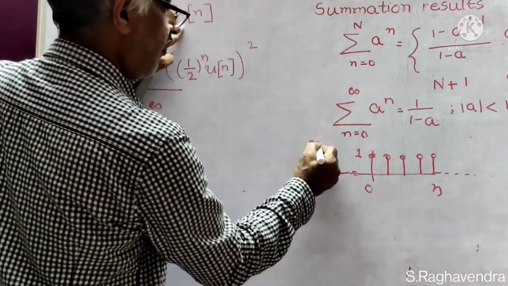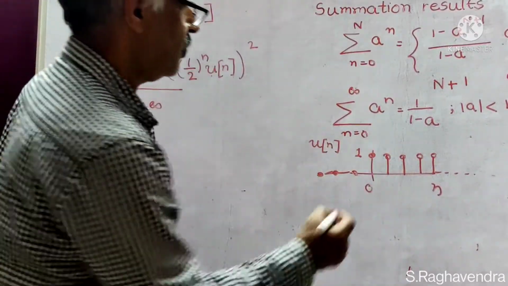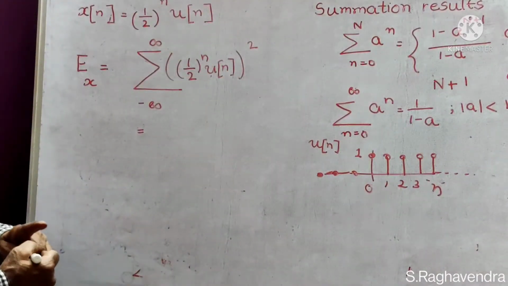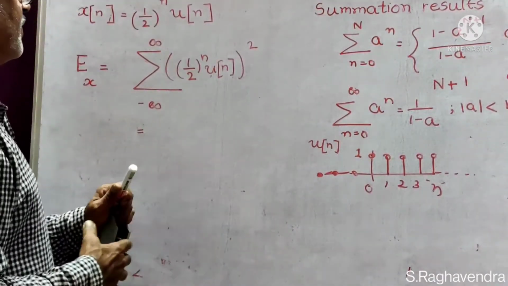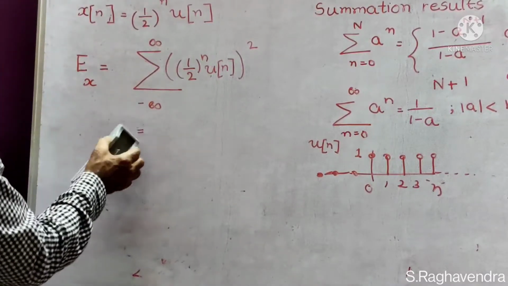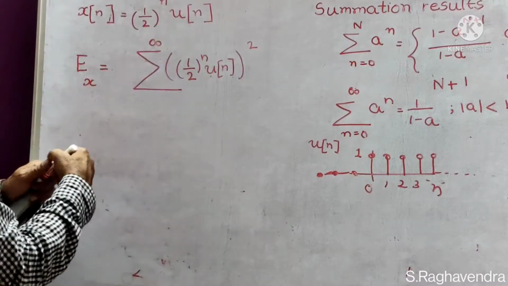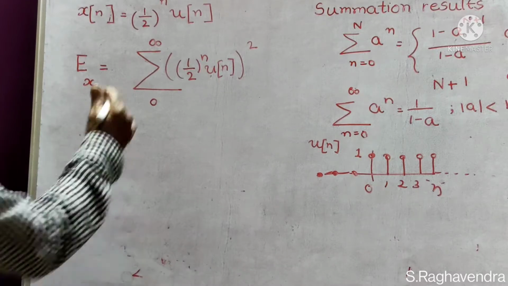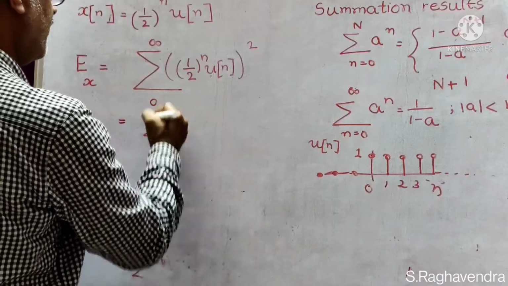Therefore, in the summation, instead of minus infinity to plus infinity, I can take 0 to infinity.